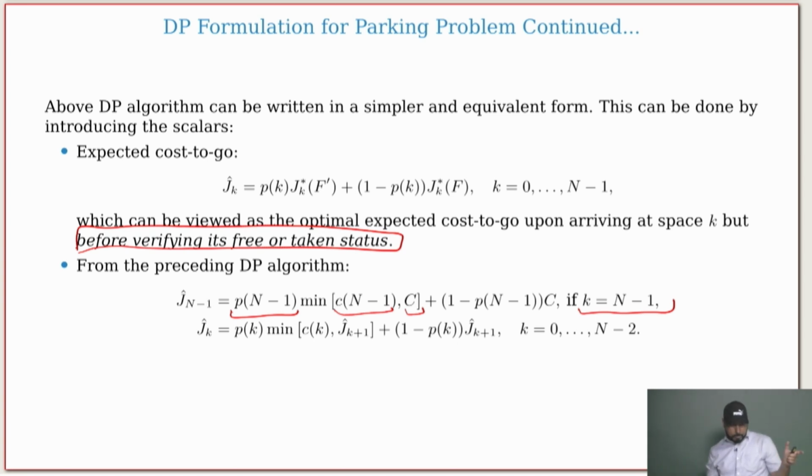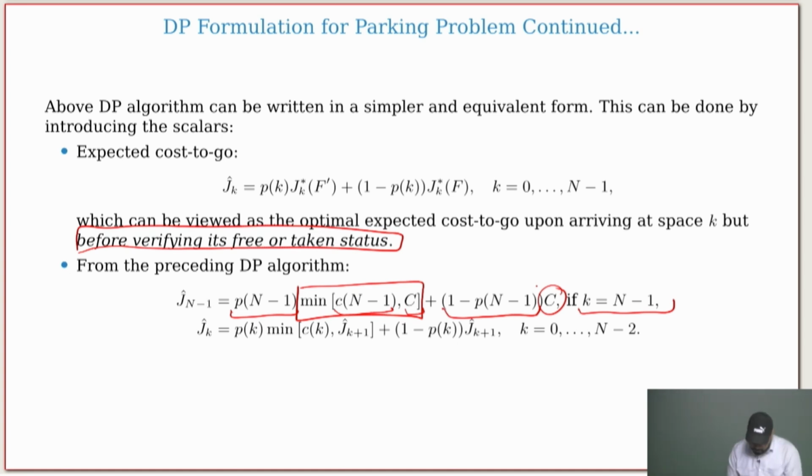So then I'm looking at the probability of being free at n minus 1 and the probability of not free. So basically it's the expected cost. If it is free, then we look at the minimum cost of C n minus 1 and C. And if it is not free, I'm certainly going to the garage with C.